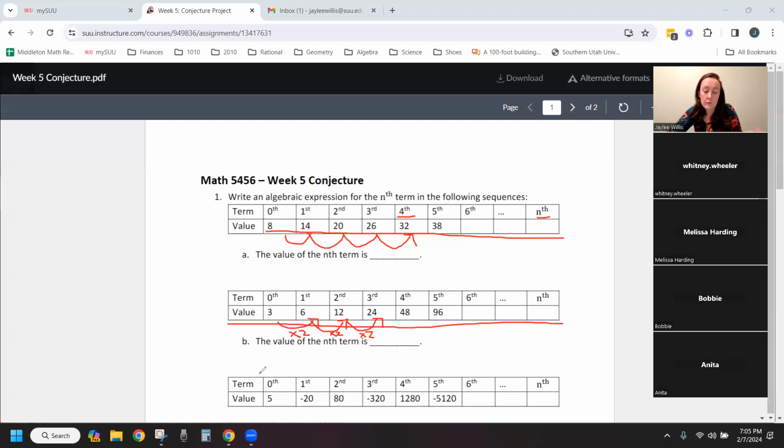On the last one, where we were repeatedly adding 6 n number of times, as a shorthand we wrote that as 6 times n. So in this case, if we're repeatedly multiplying by 2, n number of times to get to the nth term, how could we express that?